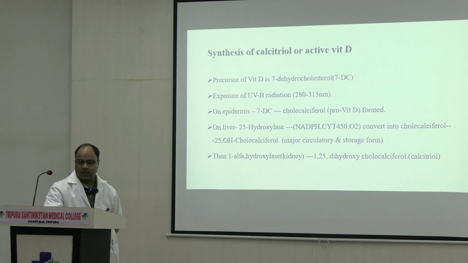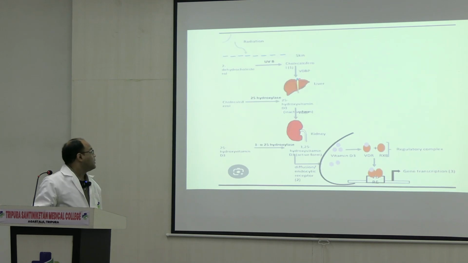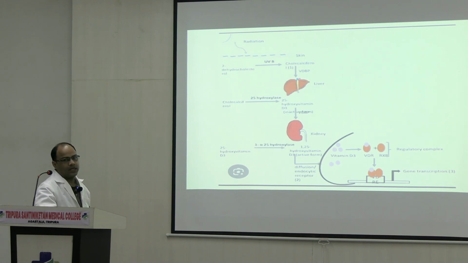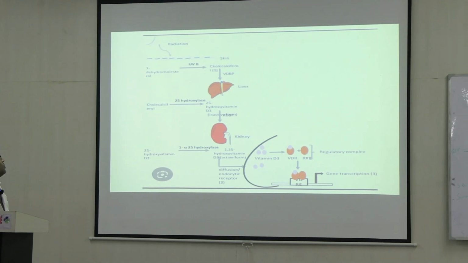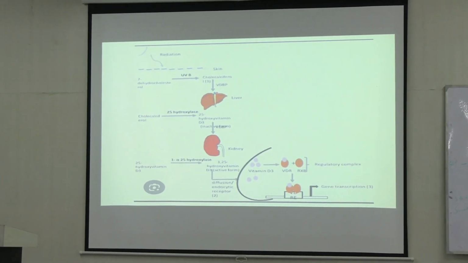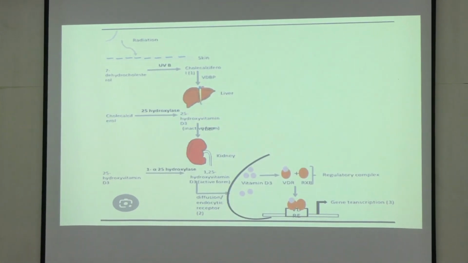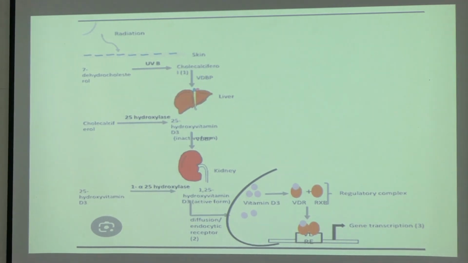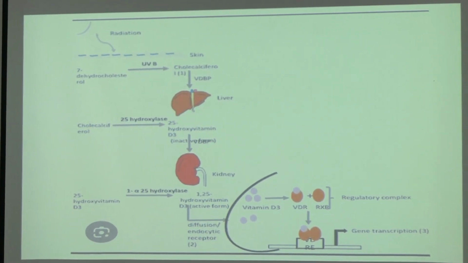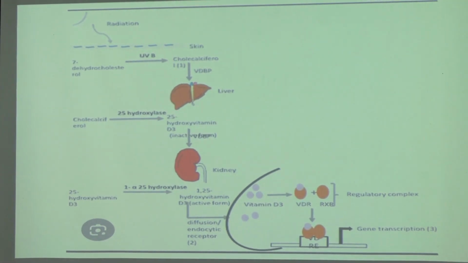Okay, next, look at this. In the skin, as I have already told, in presence of UVB radiation, 7-dehydrocholesterol converts into cholecalciferol, and then it binds with vitamin D binding protein, VDBP.